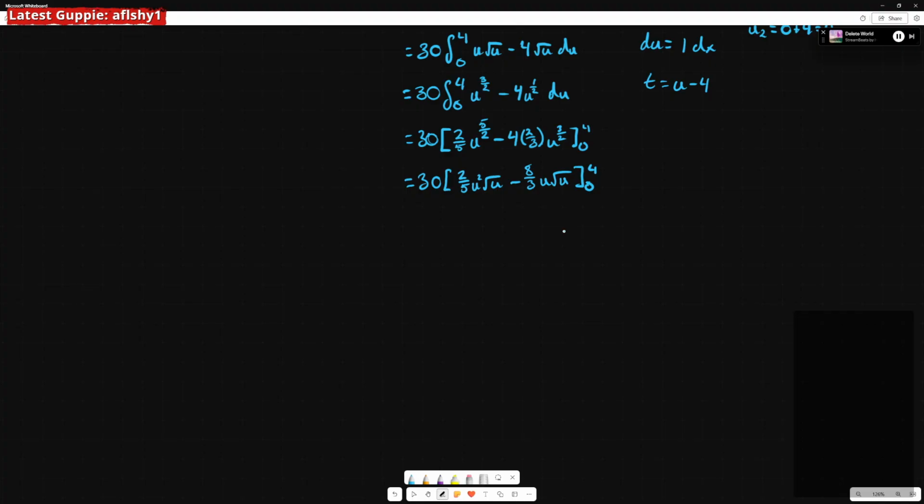Just trying to simplify a lot of them operations, which is then equal to 30.